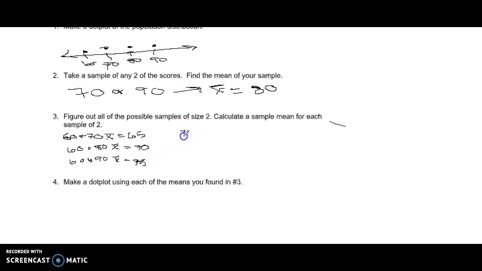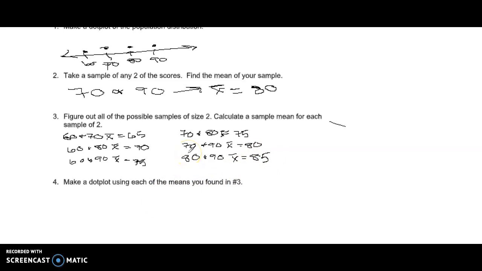And then I've got 70 and 80, which means my mean would be 75. I've got a 70 and a 90, which means my mean would be 80. And I've got 80 and 90 as my last one, which means my mean would be 85.